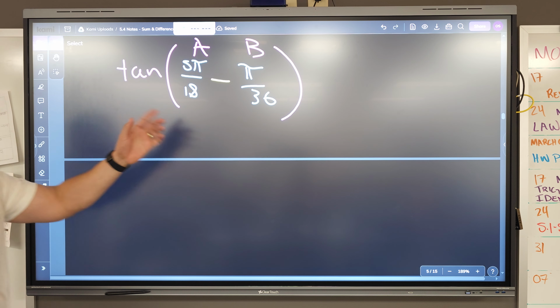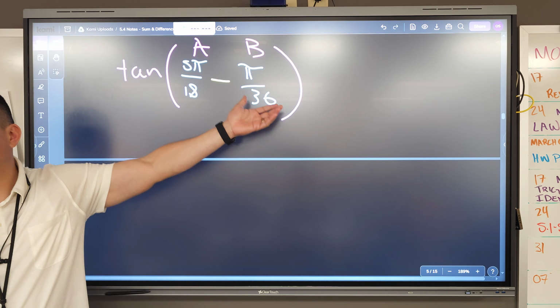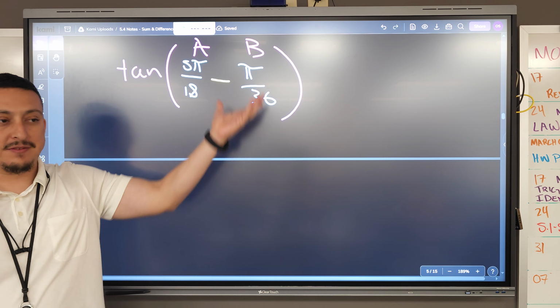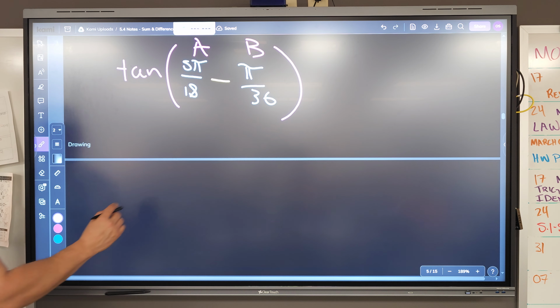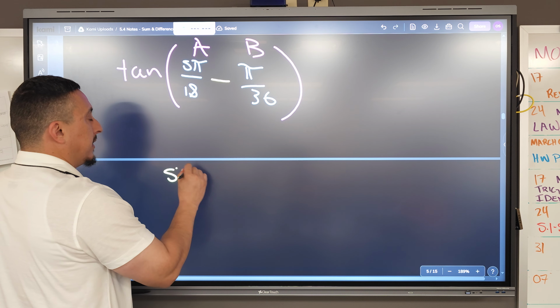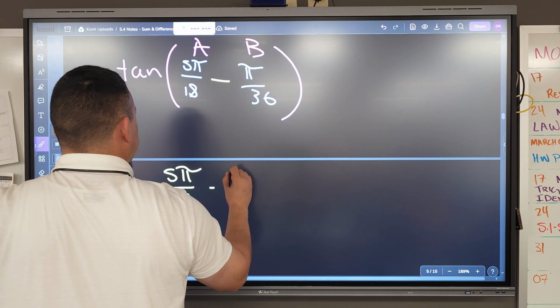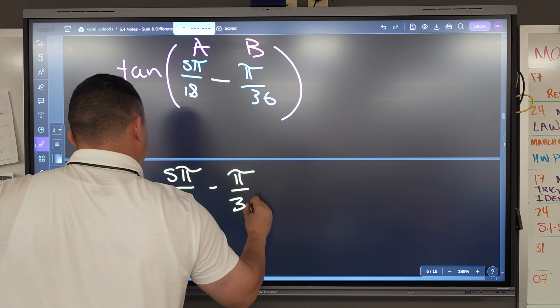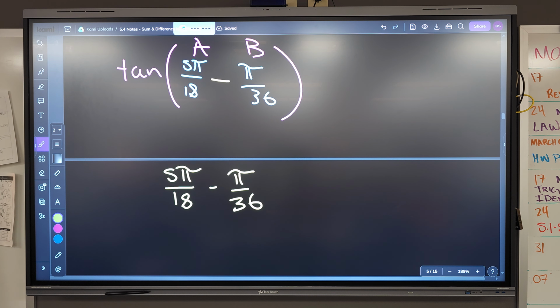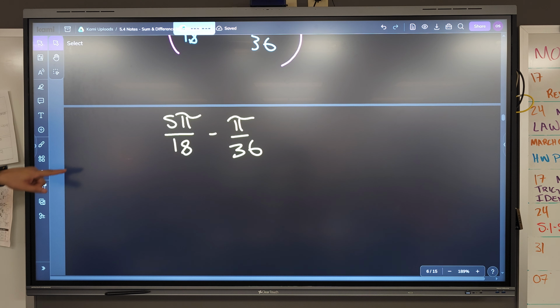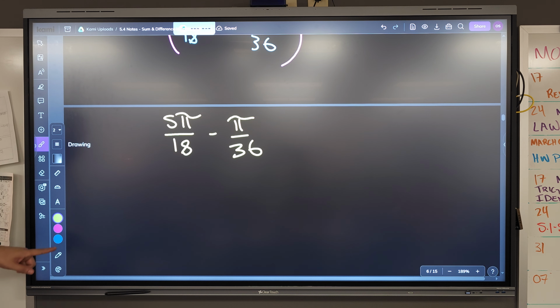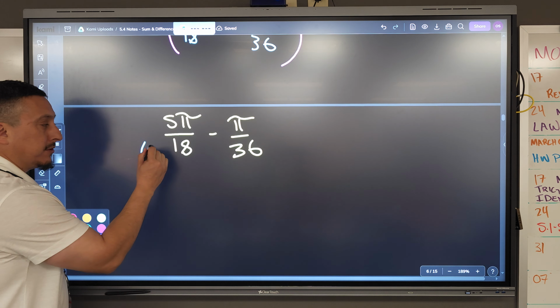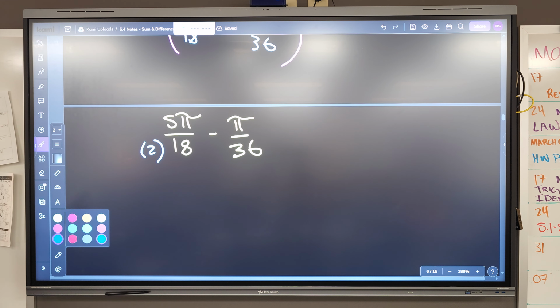Usually it's just like 120 minus 40, so it's really easy. But now we have this fraction, so let's play with it a little bit. I have 5 pi, so Miranda, this goes back to your question. What do we do here when we don't have a common denominator? We can't subtract them like that. We need a common denominator. So how do we do that? Multiply the left one by 2. If I multiply 18 by 2, that's 36.